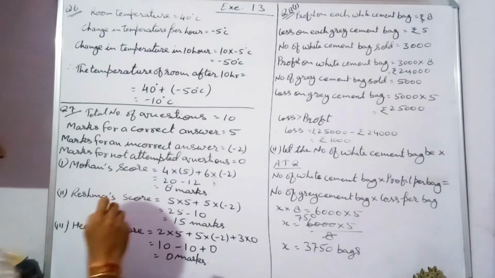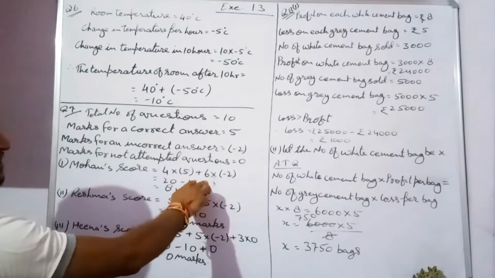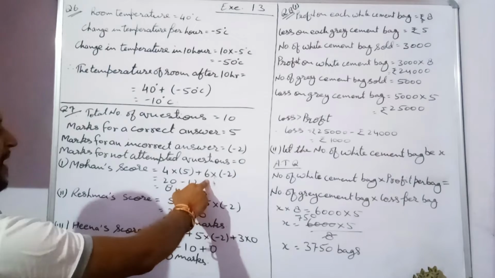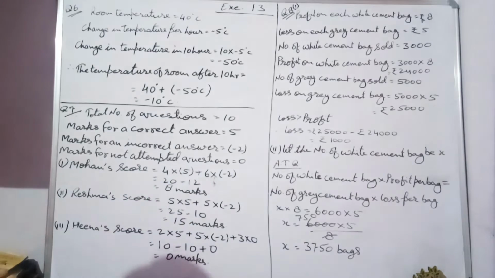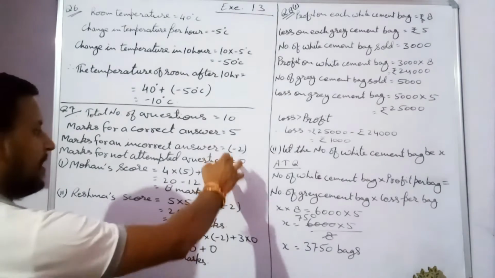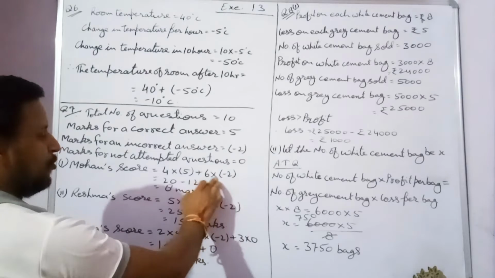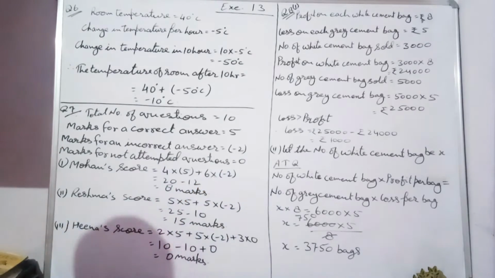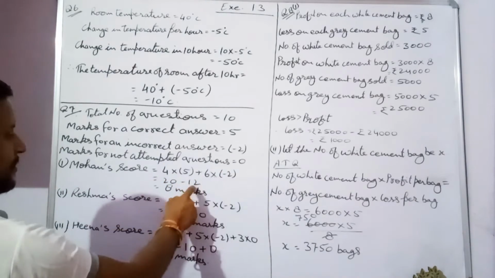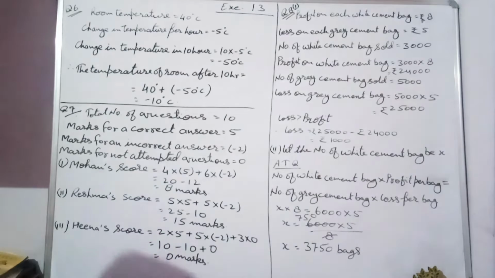And incorrect answers are 6, and the marks awarded for every incorrect answer is -2. So that is 6 into -2. So it will become 20 minus 12. Whenever we subtract, we will get the total score, that is 8 marks.